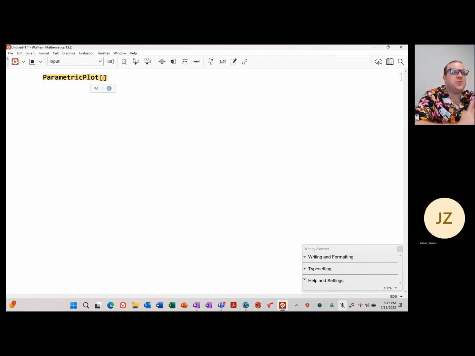We now need to enter the vector. Put in braces, and then it's just whatever the x is and then whatever the y is. Actually, I am going to adjust something.